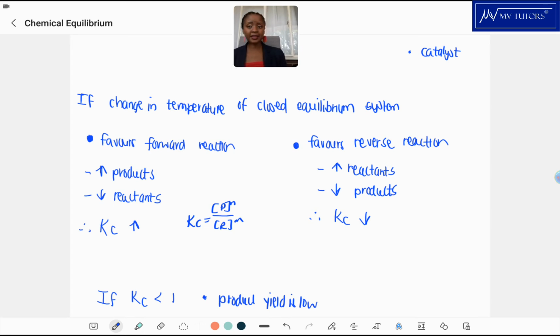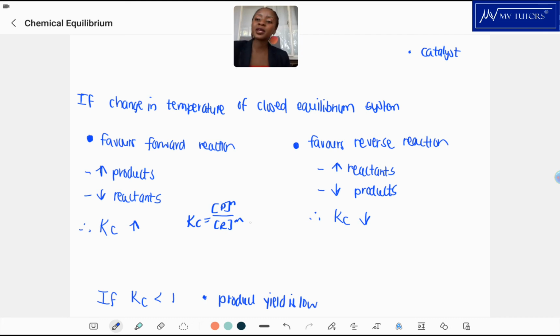On the other hand, if you change the temperature of a closed equilibrium system and the reverse reaction is favored, what will happen? The reverse goes all the way to your reactants. So you will have an increase in reactants, and your products will therefore decrease.